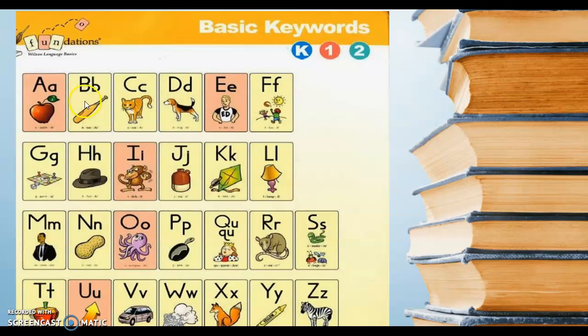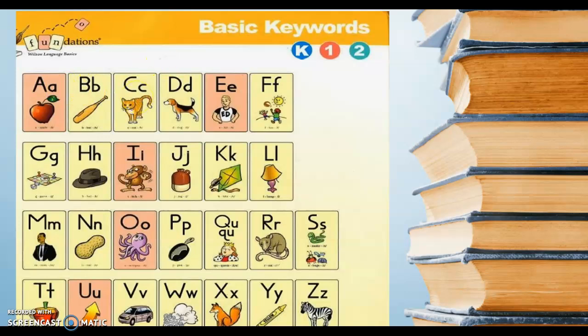All right, let's do some echoing. So we'll say A, apple, A. B, bat, B. I lost my mouse. There she is.